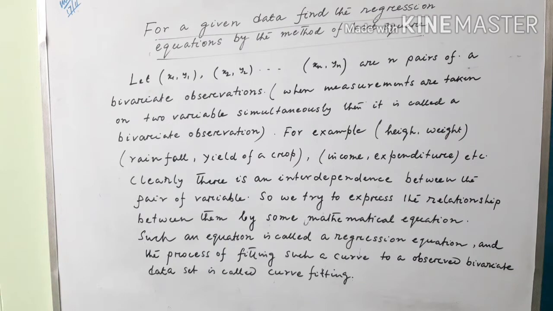So this is a problem of regression, and for this problem we try to fit some mathematical equation based on the pairs of observation we already observed. Clear? Such an equation is called a regression equation, and the process of fitting such a curve to an observed bivariate data set is called curve fitting.